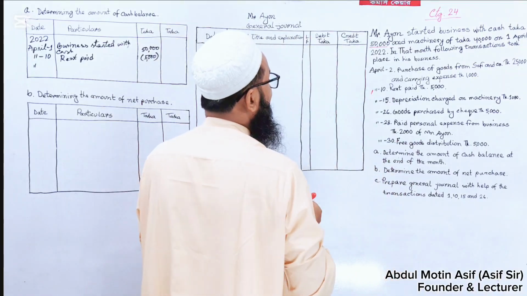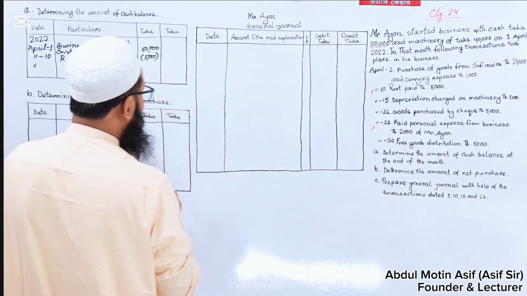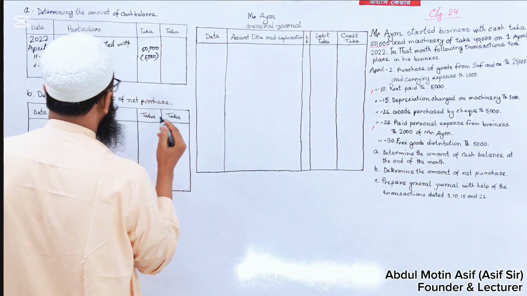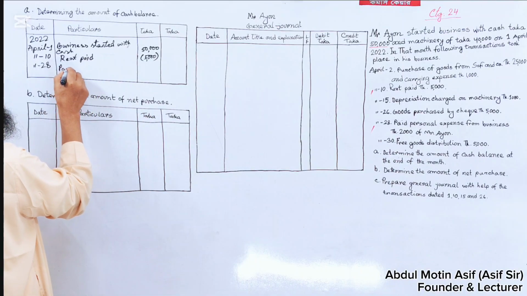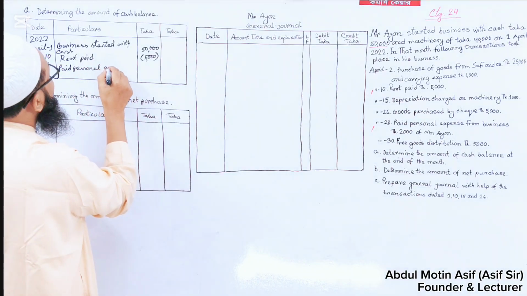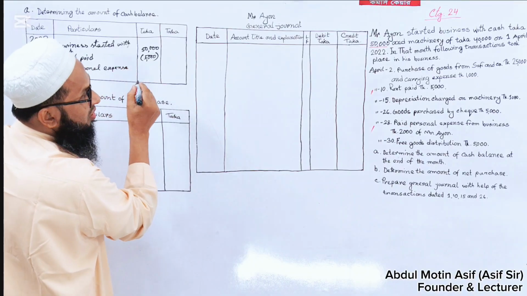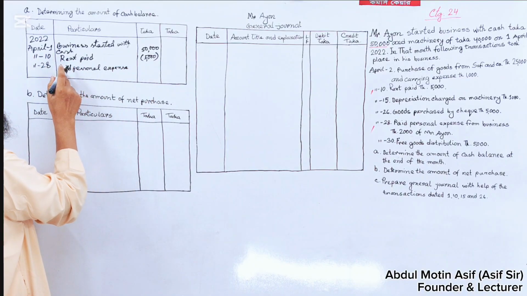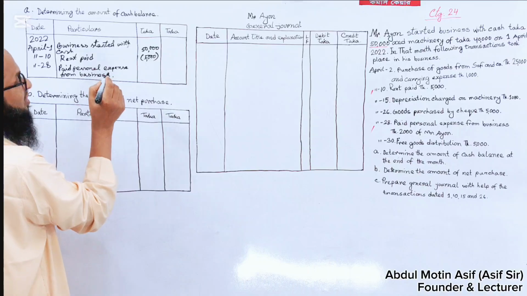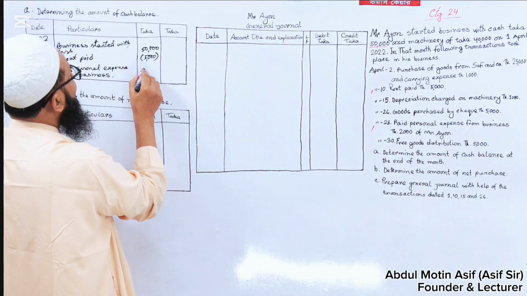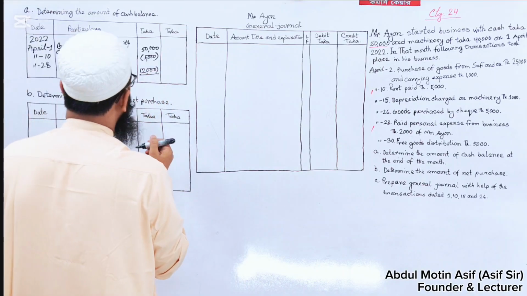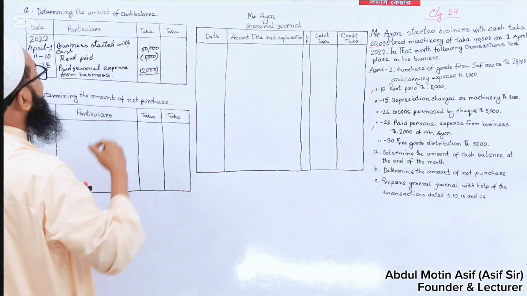Okay, dear students, we find another cash transaction, 28 April, paid personal expense from business taka 2,000. It also decreases our cash balance.